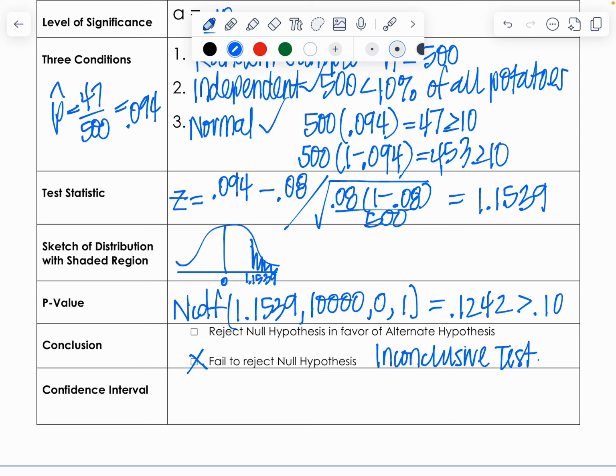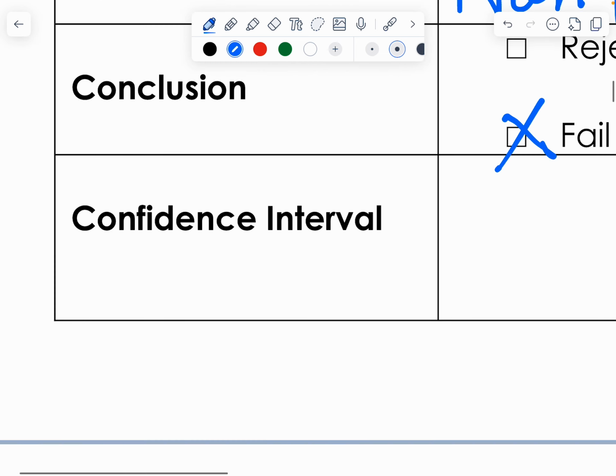Now, just to add to that, we're going to run a confidence interval. Because it's been a minute, let's review our confidence interval formula. We always do, after a test of significance, a 95% confidence interval. That's just general practice.